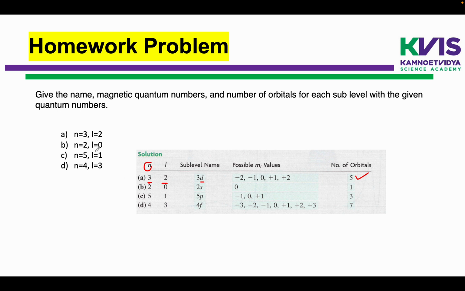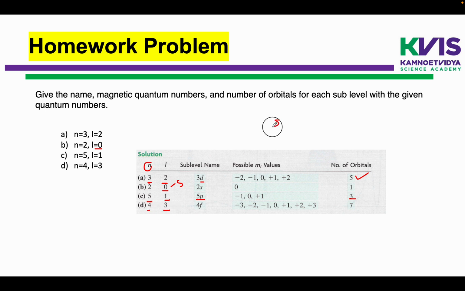Same thing over here. n is equal to 2, meaning I have 0 and 1. But I tell you here that l is equal to 0, which means I'm talking about the s orbital from shell 2. So you've got the 2s orbital, which is exactly 1 orbital. n is equal to 5, l is equal to 1: I have the 5p orbital, that's 3 orbitals. n is equal to 4, l is equal to 3, meaning I have the f orbitals.